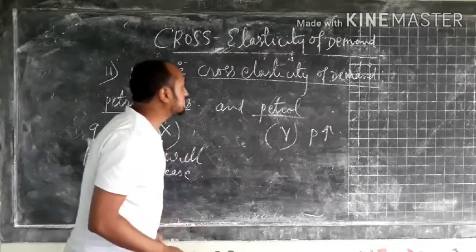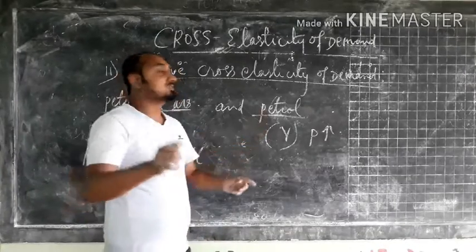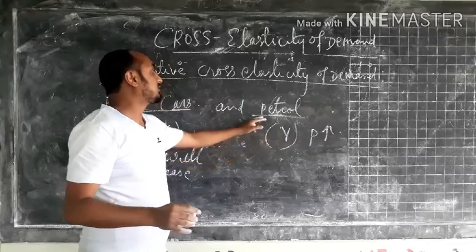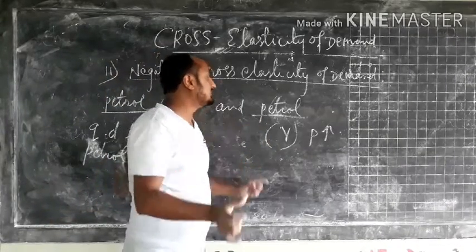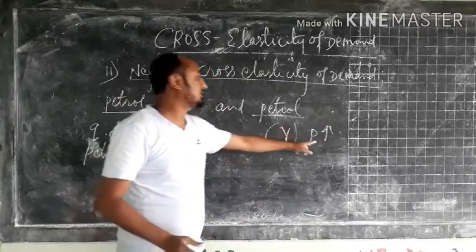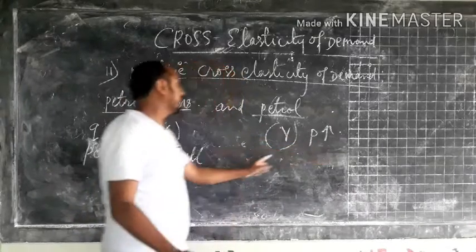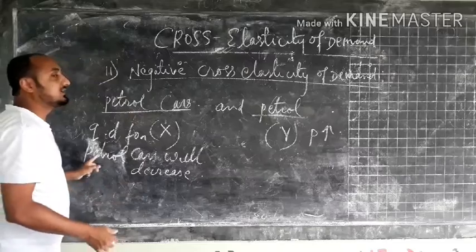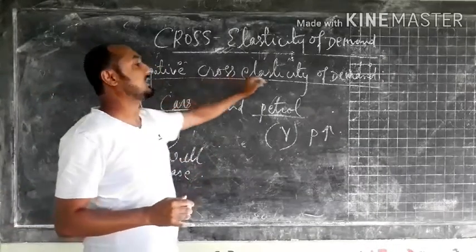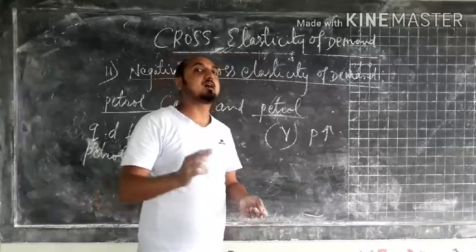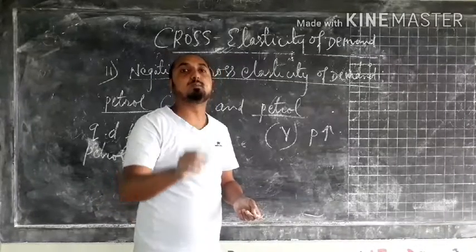What we can notice is that the demand for petrol and petrol cars are moving in opposite directions. When the price of petrol is increasing, the quantity demanded for petrol cars is decreasing. So this concept is called negative cross elasticity of demand, and this is applicable in the case of complementary goods.